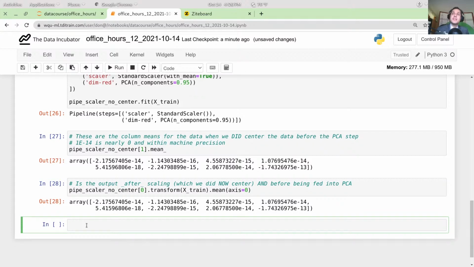So hopefully, Sahid, that answers your question. But do let me know. Do let me know if anyone else has follow-ups, additional questions right now before we transition to truncated SVD.